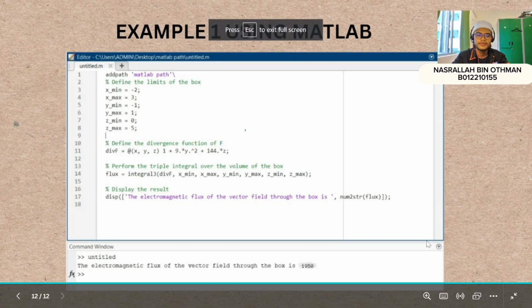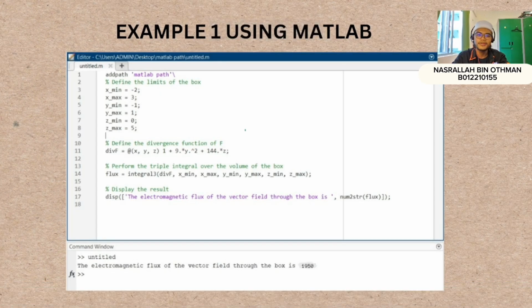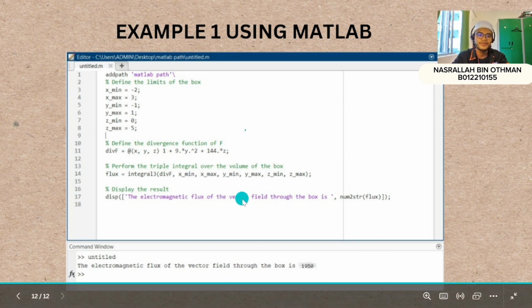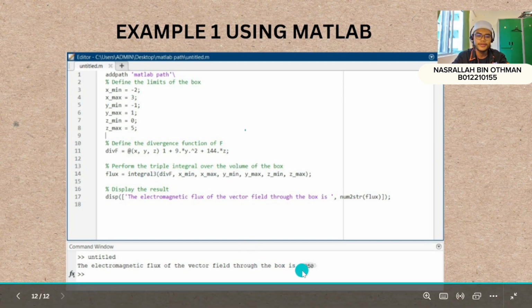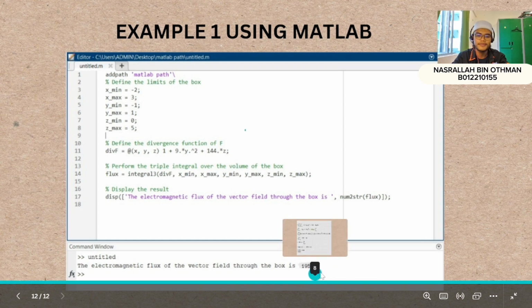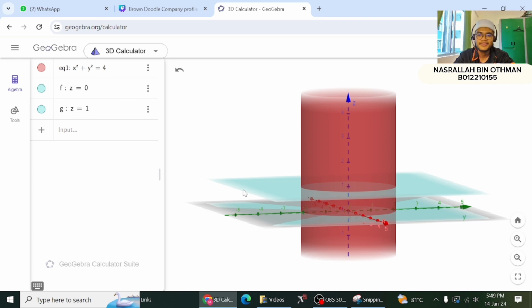Okay, this is example 1. For example 1, we prove the calculation using MATLAB. We define the limits of the box, then define the divergence of function F, and then perform the triple integral over the volume of the box. The result is 1915. This has proven that our calculation is correct.